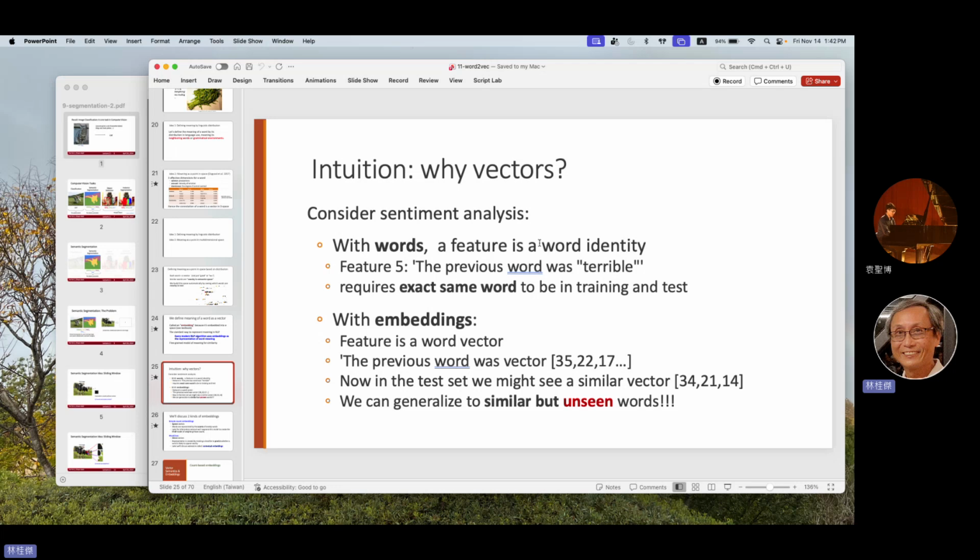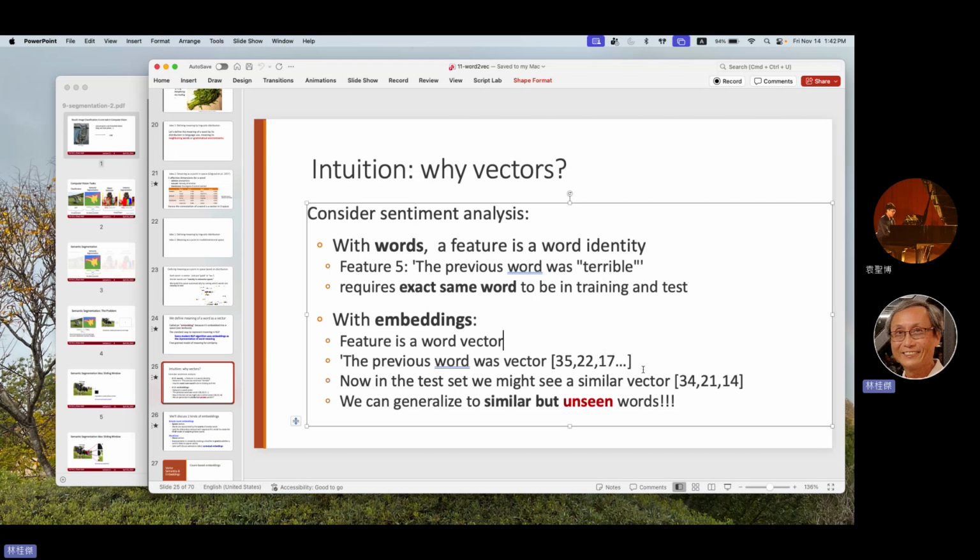With a word, a feature is just the word identity in terms of a number, but with the embedding, the feature is a word vector. For example, suppose you find one word here whose embedding is a vector of 35, 20, 17 or something. And we see another word, and this word has a vector of 34, 21, 14. Then we don't really need to understand the original word, but we can just look at the vectors.